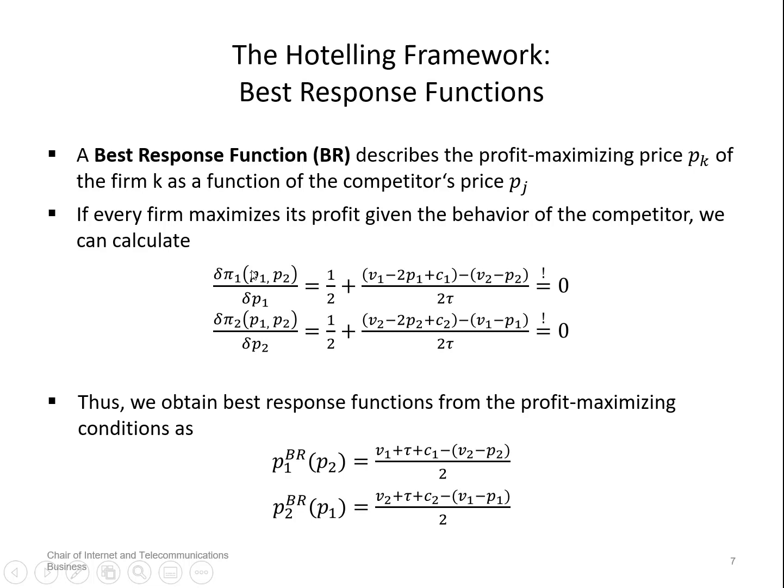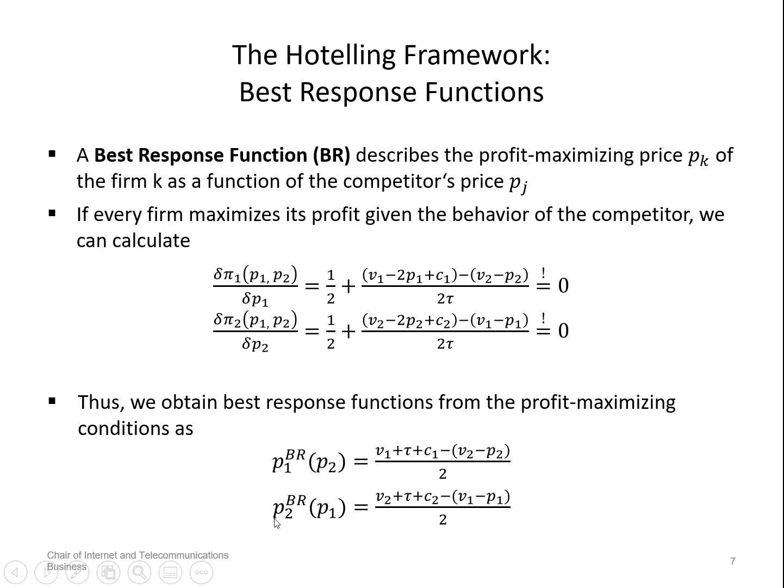If every firm maximizes its profit given the behavior of the competitor, we can then get firm 1's first order condition as given as follows, and firm 2's first order condition as given as follows, which allow us then to get the best responses as a function of the rival strategy. So basically when you solve firm 1's first order condition for P1, we can get P1 as a function of P2, which is its best response given the rival has set P2.